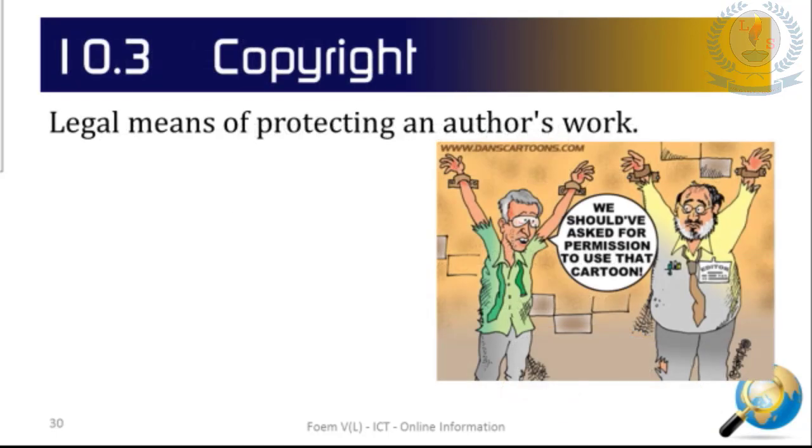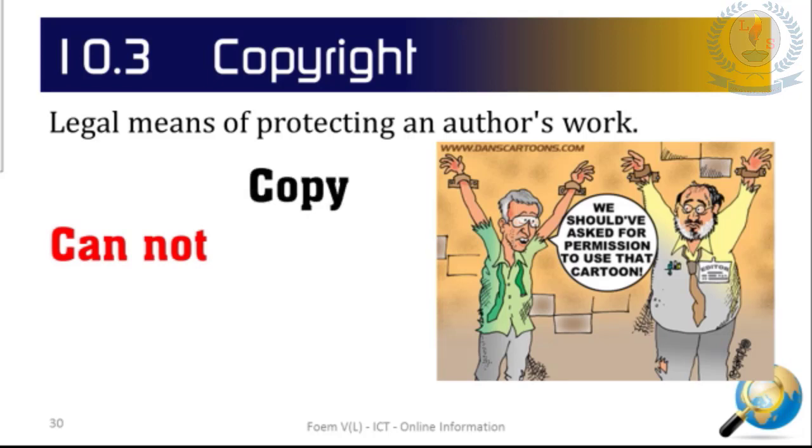Next part is you have to consider copyright. This is a legal means of protecting an author's work. Look at this picture. We should have asked for permission to use that cartoon. We all know we cannot use others' work without their permission. If someone has created, let's say, an article, you cannot copy it.